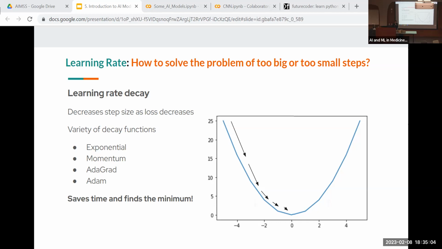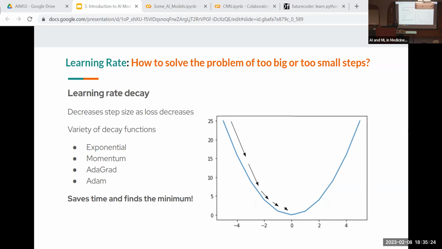So we can adapt the steps that we take based on the updates that we are making at each step, in order to reach the point that we want, and avoid diverging and getting farther from the point that we aim to get to.